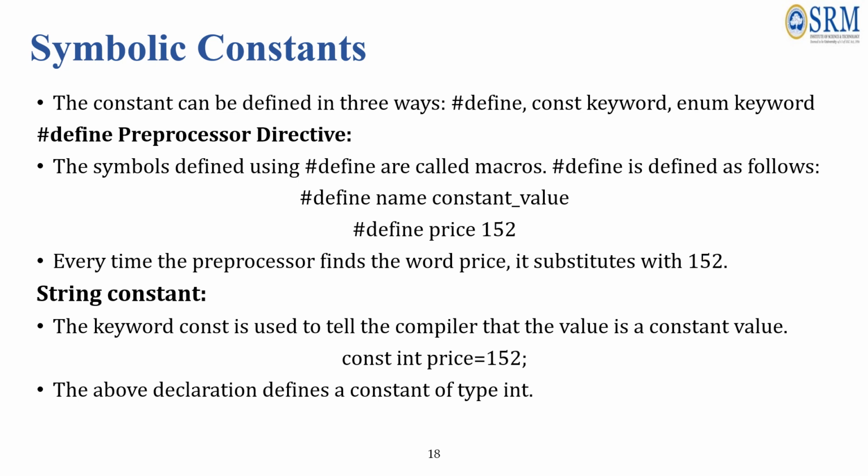Similarly, we also have the const keyword to declare a specific value to be a constant value. Here const int price is equal to 152 is given, where price is a constant value and it cannot change over time, and it is of type integer. So this is how the const keyword can be used for symbolic constants.